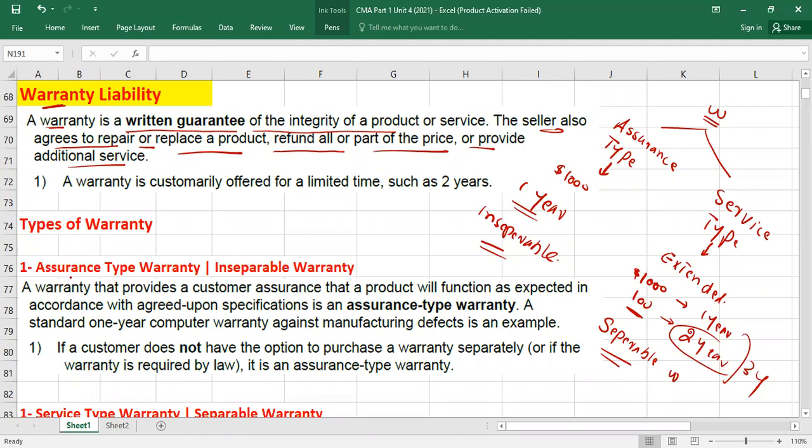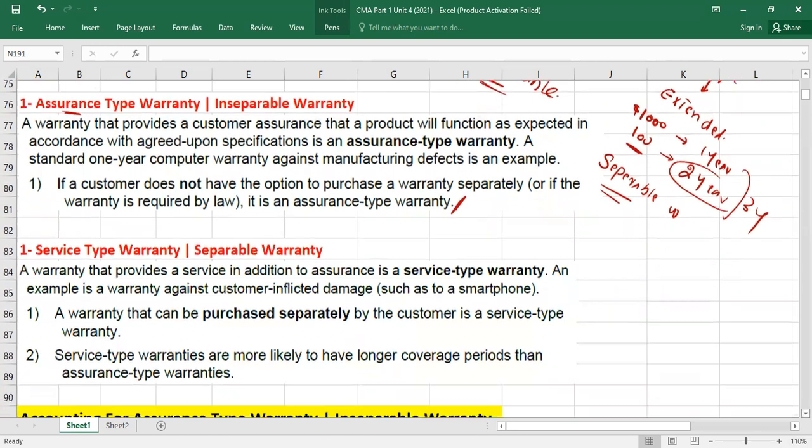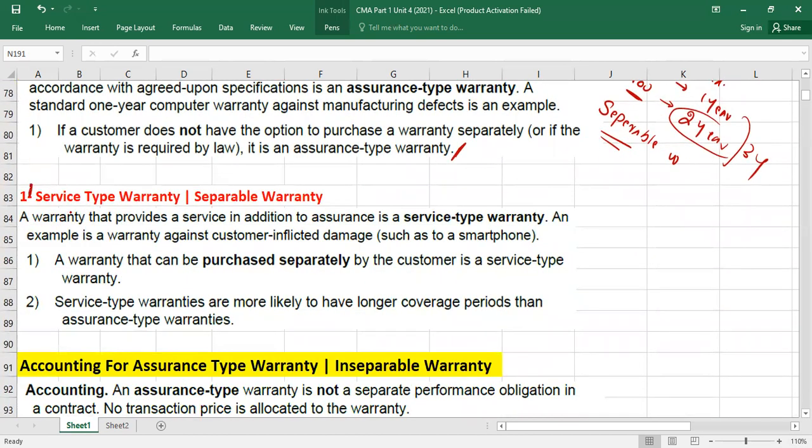I told you what assurance type warranty is. It is also called inseparable warranty. Here we have some data you can go through. Service type warranty is also explained here, and I also gave you examples, so you can go through this as well.